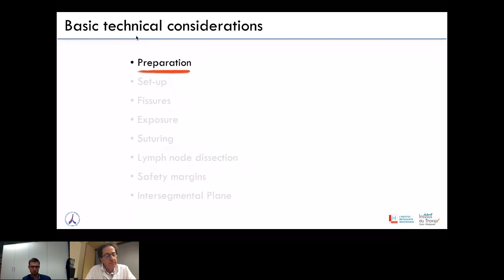I suspect that my friend Masaki Sato is not attending this webinar from Japan, but if he would give this talk, he would probably say that thoracoscopic segmentectomy is nothing less than 3 steps. First step, preparation. Second, preparation.